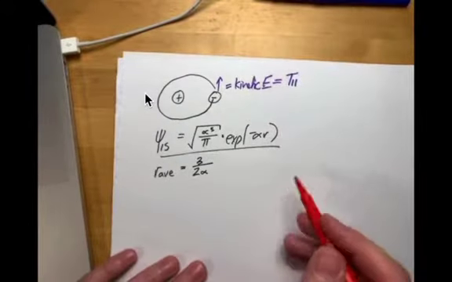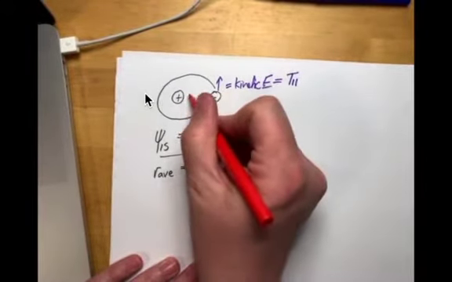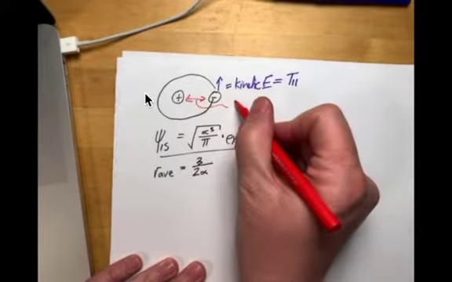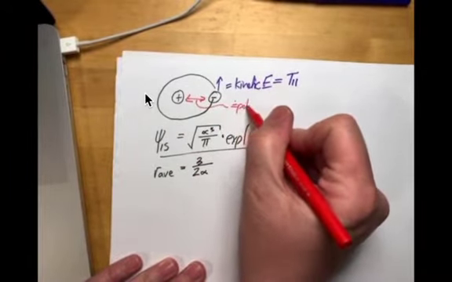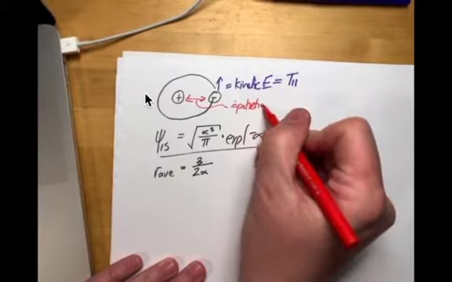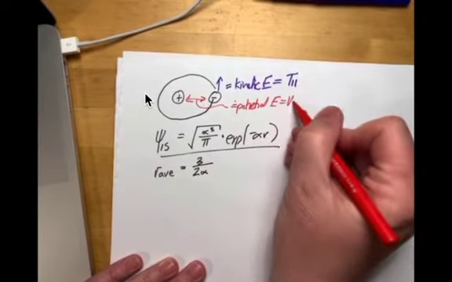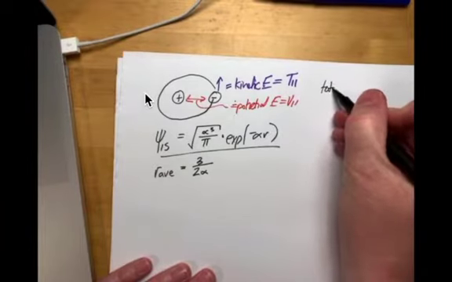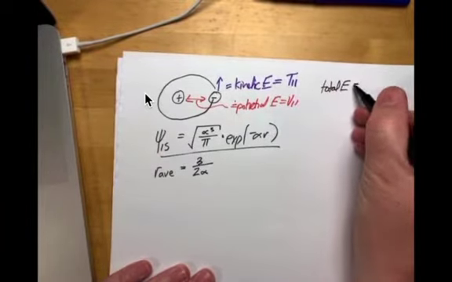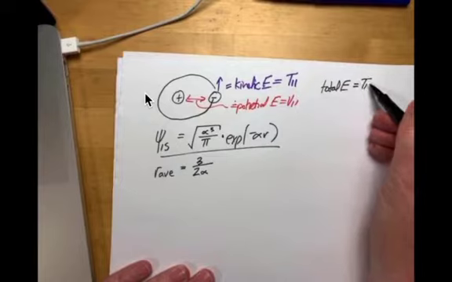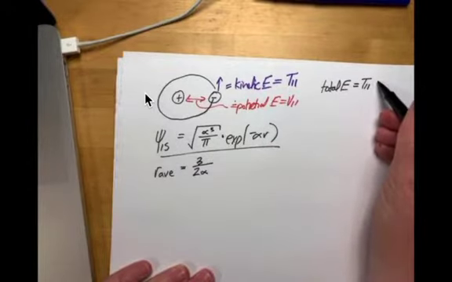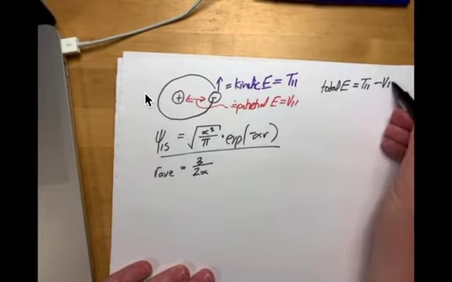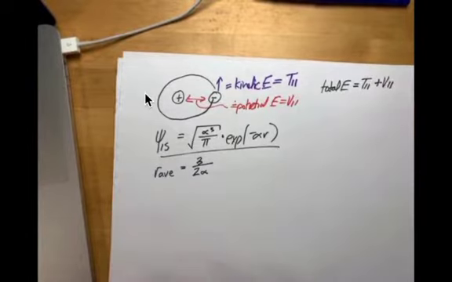The other thing that's going on within the hydrogen atom is there's potential energy. And we call that term V11. So the total energy is T11 plus V11.